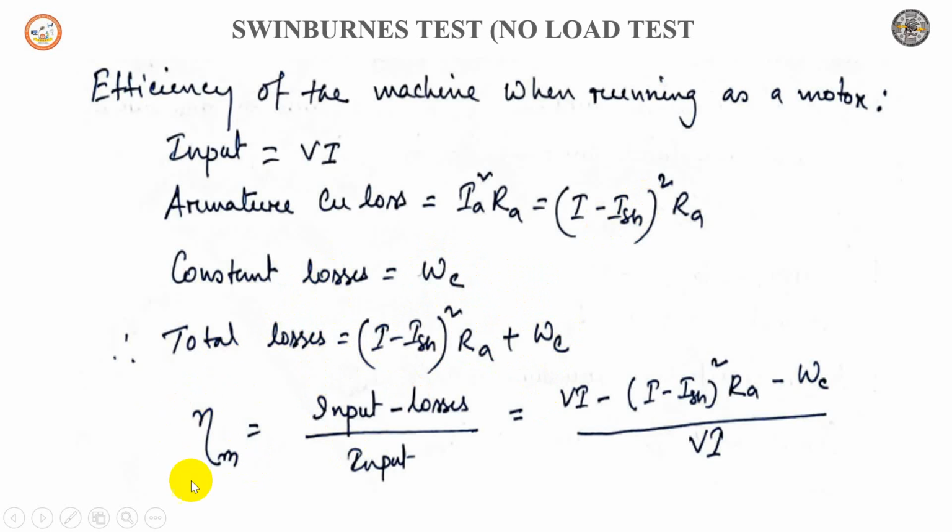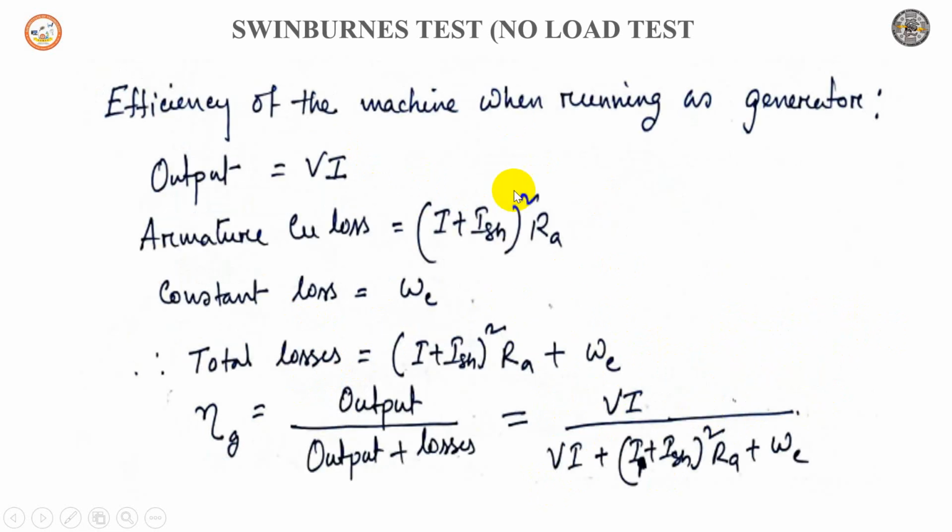Therefore, the output of the machine is taken as input minus losses, where we know the input of a motor, and the output is calculated as input minus the losses. So VI is the input, the second term represents the armature copper loss, and the third term represents the constant losses.